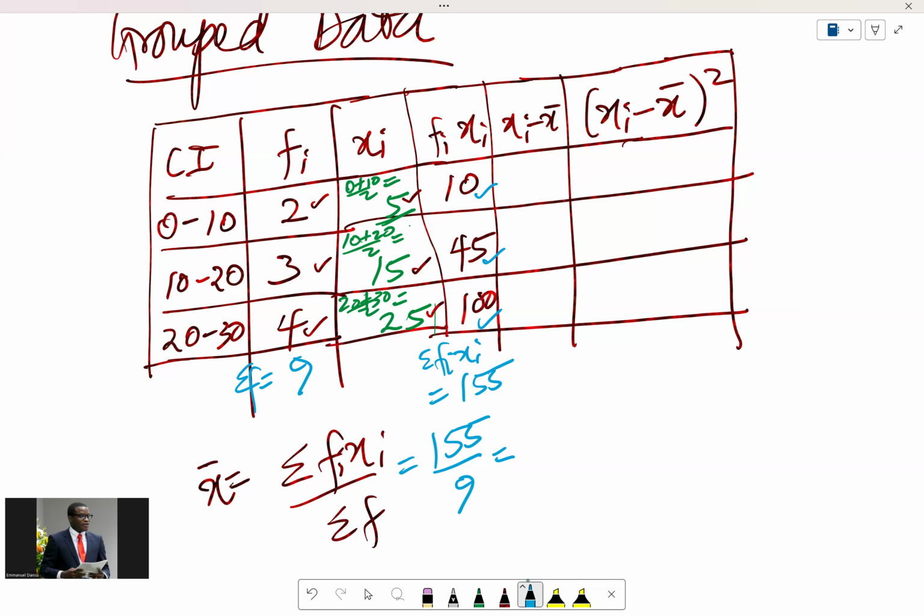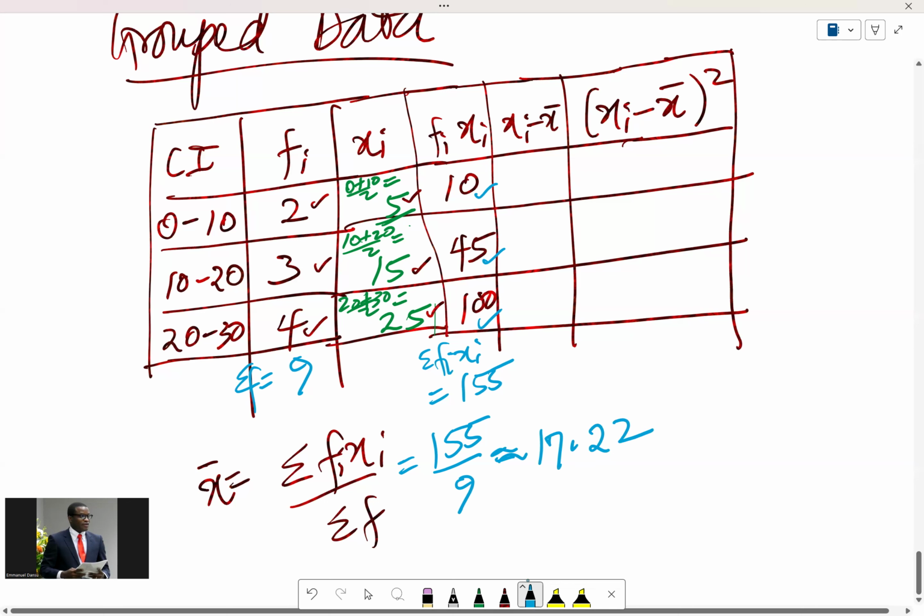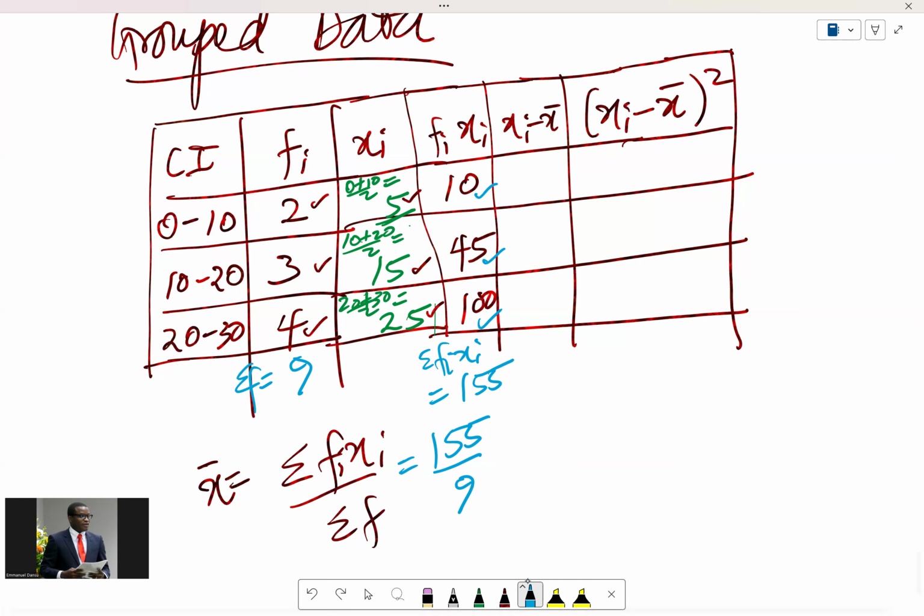Yeah, 155 over 9 is approximately 17.22. In fact, let me change the colors so that it can be consistent and also stand out.